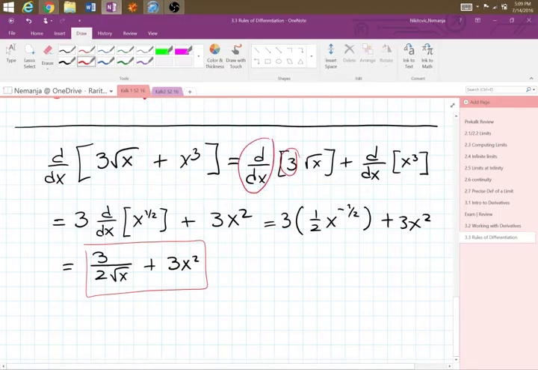Once we kick it out, because of the rule that we have, the 3 is now in front of the derivative. Derivative applies to what comes after it, not what is in front. So once you use the power rule, the 3 becomes in front of taking the derivative of x to 1/2. Once it comes out, it's no longer under the derivative, and derivative will have no impact on it. So it remains 3. Okay.